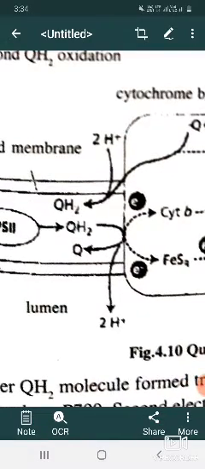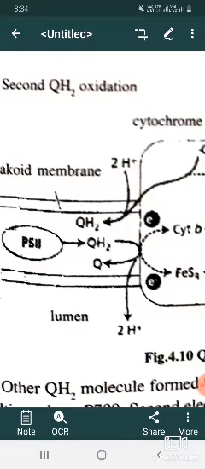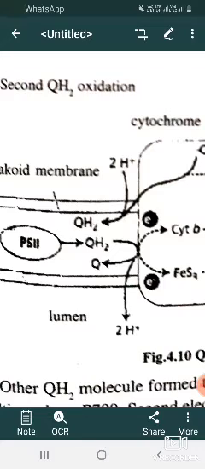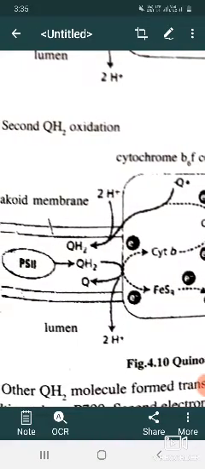Later, it transfers two electrons, one at a time, to cytochrome f and PC, ultimately to P700, and releases two hydrogens into the lumen. So, the electron deficit of P700 is satisfied, and this transfer of electrons released from PS1 reaching the same PS1 is called cyclic electron transport.